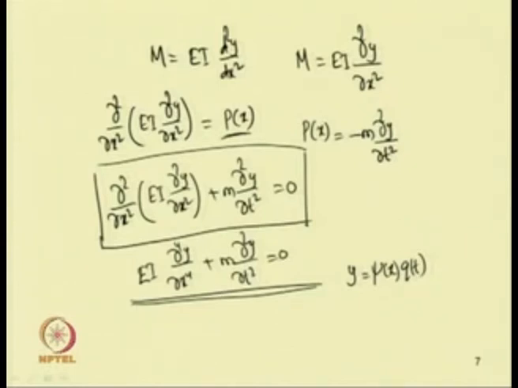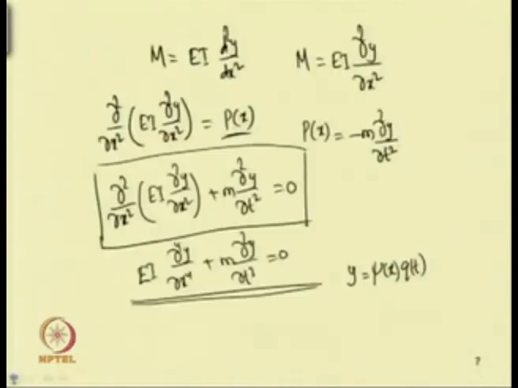So, if one substitutes in this equation, then this equation can be reduced to EI d⁴ψ/dx⁴ into q(t), since this is a function of x only, so differentiation of ψ into q(t), plus m.